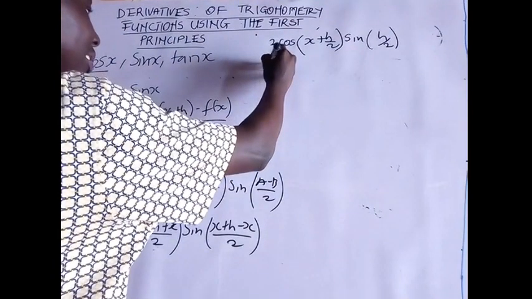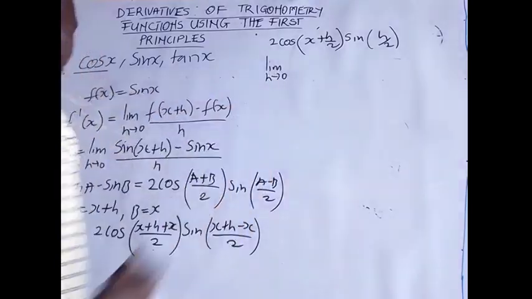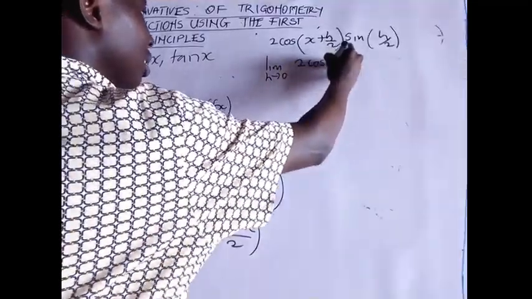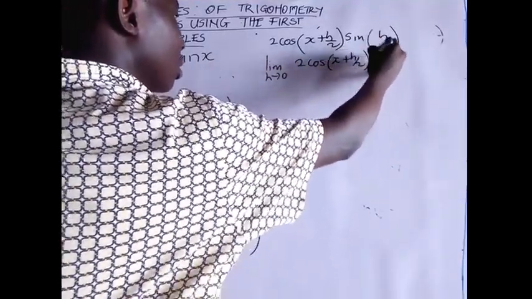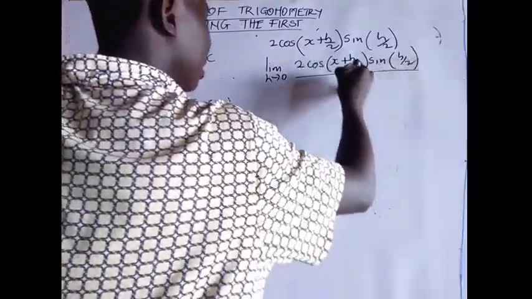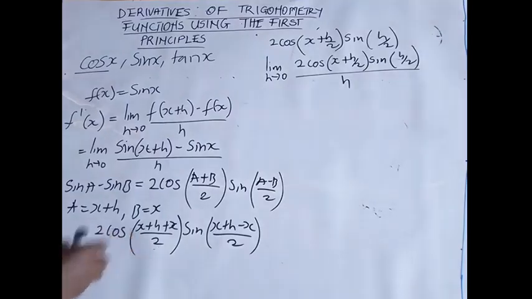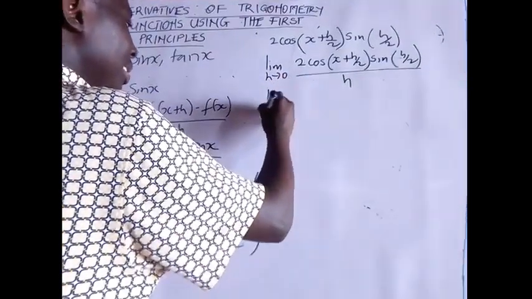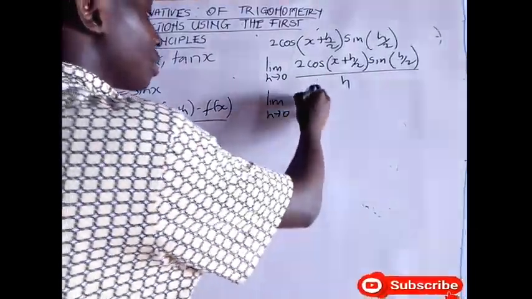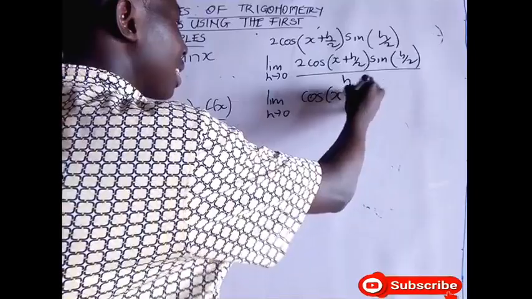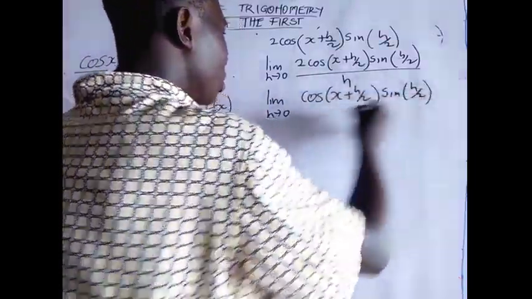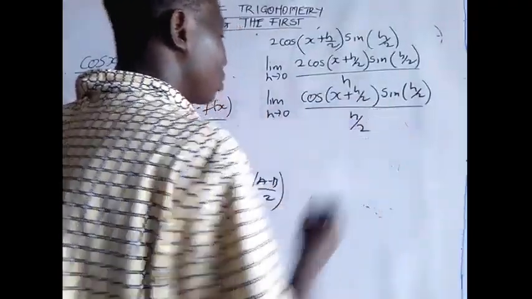So we get the limit as h approaches 0 of 2 cos of (s plus h) over 2 sine of h over 2, all over h. And then we can write this as the limit as h approaches 0 of cos of (s plus h) over 2 sine of h over 2, all over h over 2.